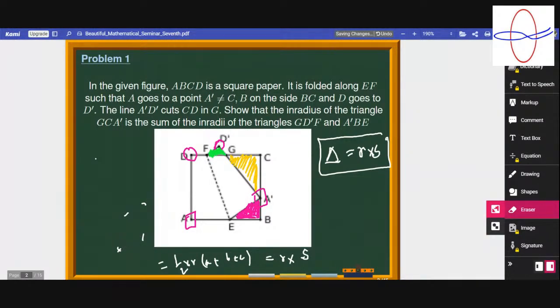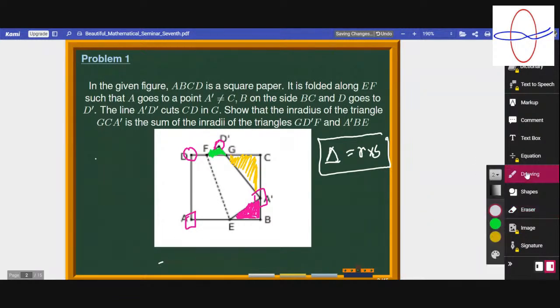Let's write down the result together. Now we can use that surely. If we can use this result, it demands that we relate the area of yellow in terms of green and pink, and also the perimeter.